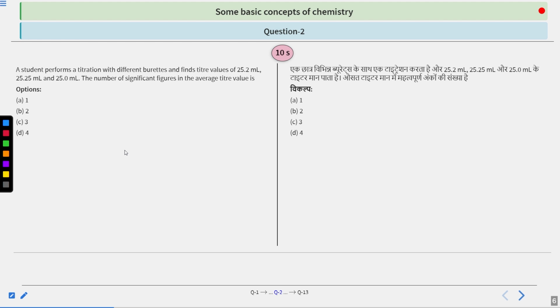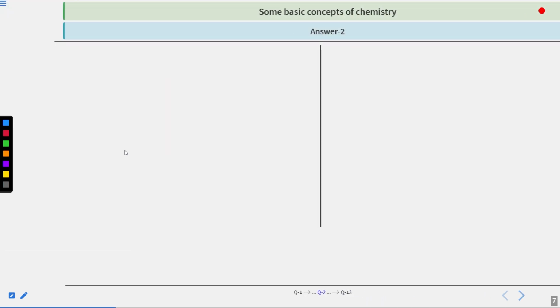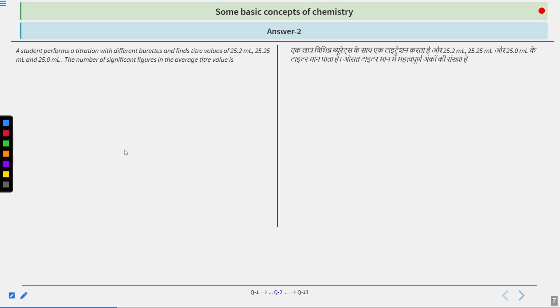Now you have some time to solve this question. Your time starts now. Now let us see the correct answer. If you try to understand this question, we have to simply average these three terms, and then find the number of significant figures in the resulting number. So the correct option is C.